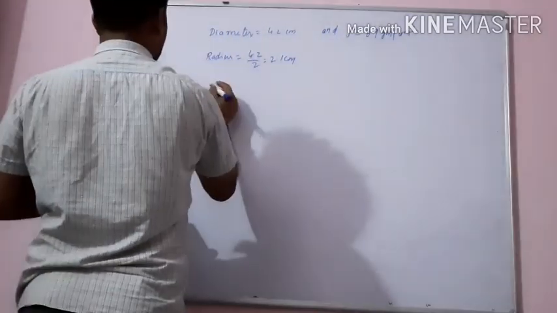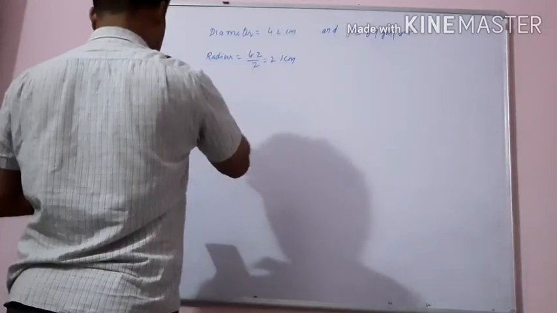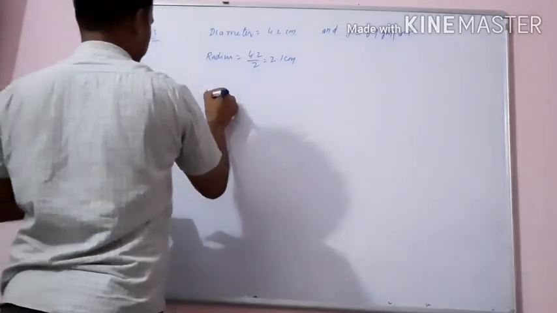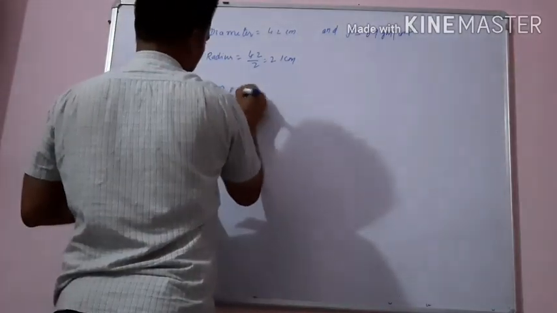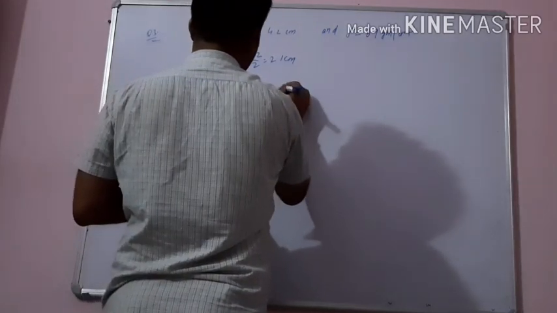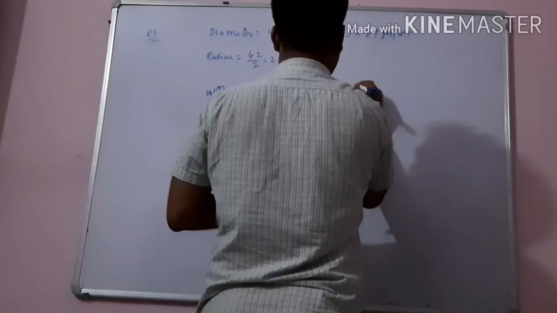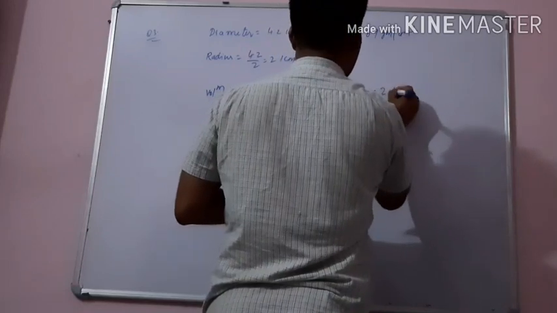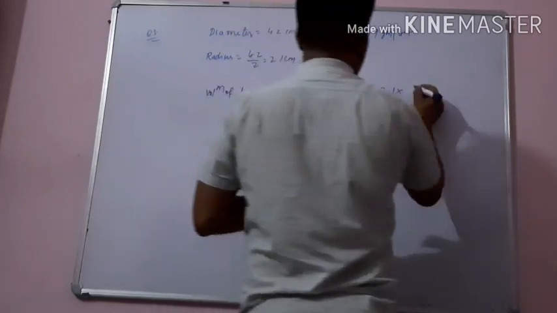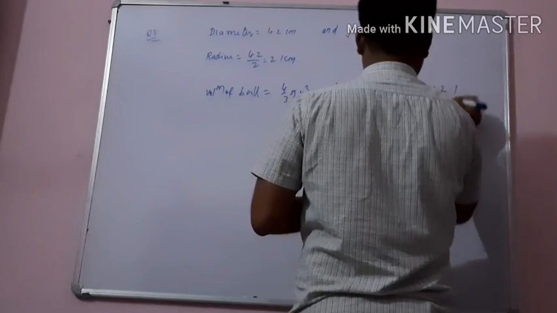Now first of all we will find the volume. So volume of the ball will be 4 upon 3 pi r cube, that is 4 upon 3, 22 upon 7 multiply 2.1 multiply 2.1 multiply 2.1.